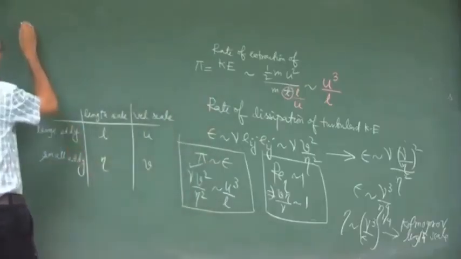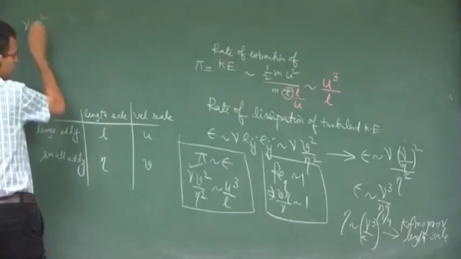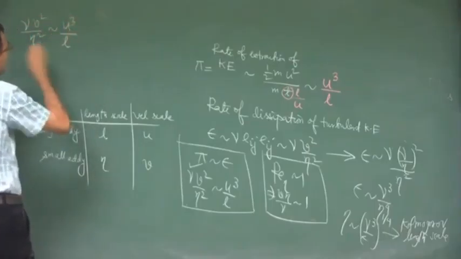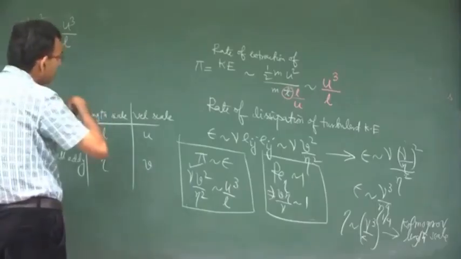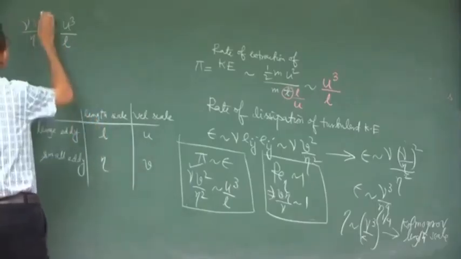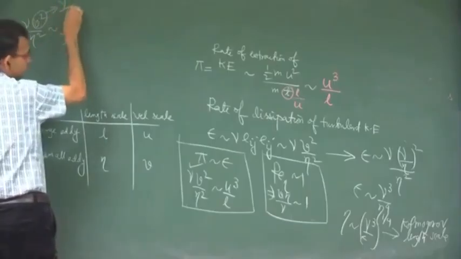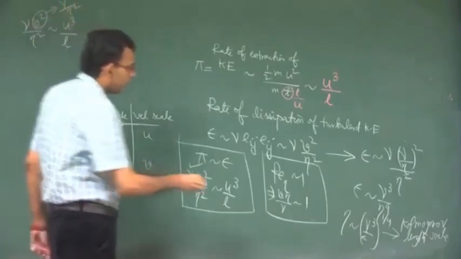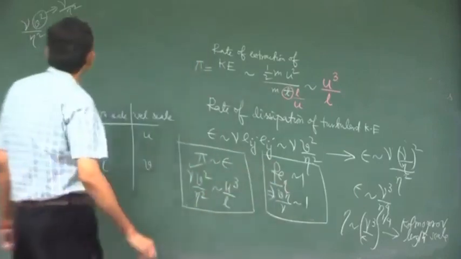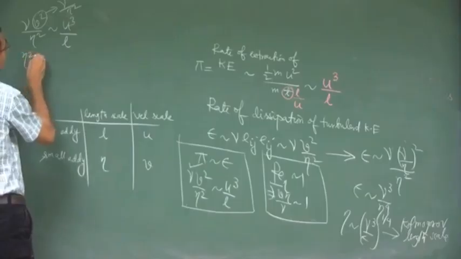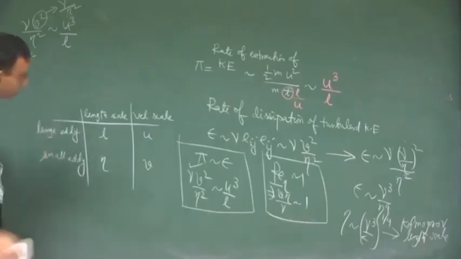So, nu v square by eta square is of the order of u cube by L, and in place of v we will write nu by eta. From this, so, let me complete the algebra.